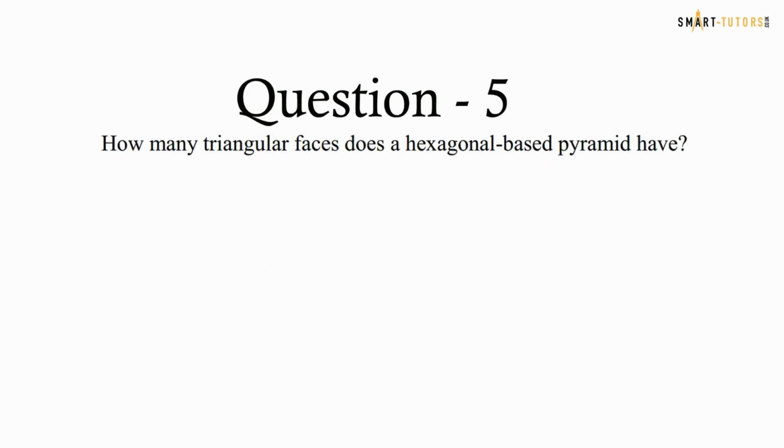Question number 5. How many triangular faces does a hexagonal base pyramid have? So the hexagonal base pyramid means I need to try to find a shape to draw this diagram. Let me show that one. So hexagonal means there's a 6-sided base. So 3, 4. You don't need to draw this one in your exam.